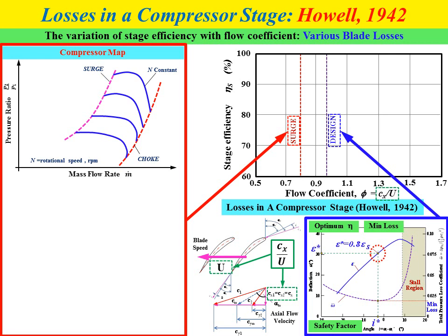If you look at the constant N curve, if we reduce the mass flow rate, as we can see in the graph, the value of pressure ratio will increase. So that's good for the compressor condition. However, at a certain point, if we decrease the mass flow rate more, the value of pressure ratio will not increase or decrease.